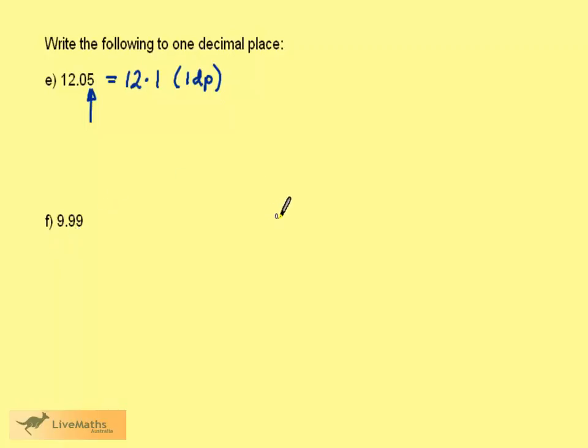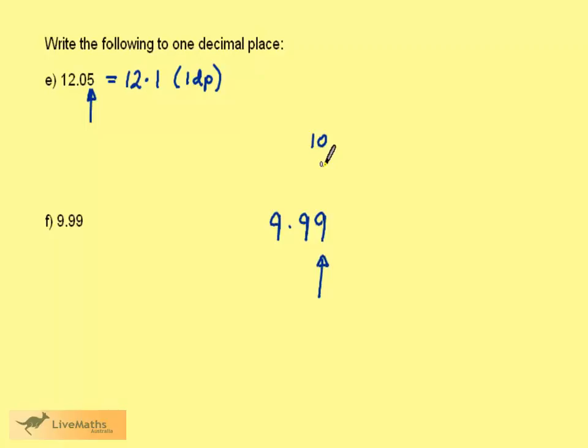Finally, consider 9.99. This is quite a difficult one. The second decimal place here is a 9, which means we need to round the first decimal place up. But if we round 9 up, the only place it can go to is 10.